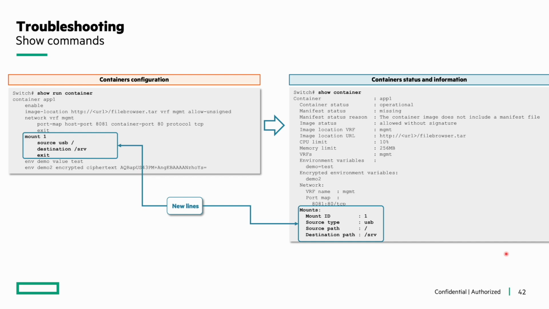We obviously have two CLI commands to check containers that have been available in AOS-CX since 10.12.